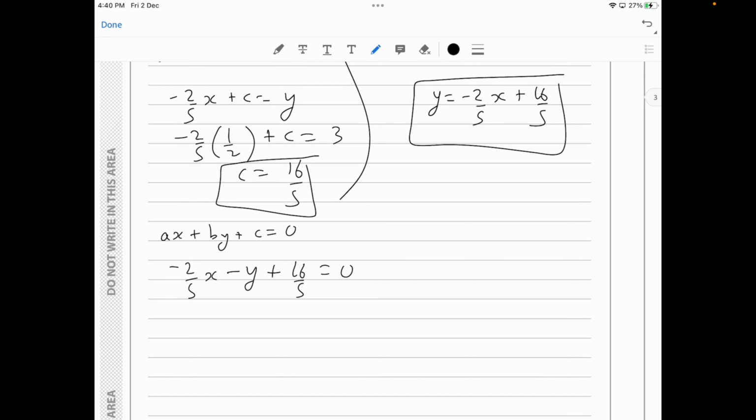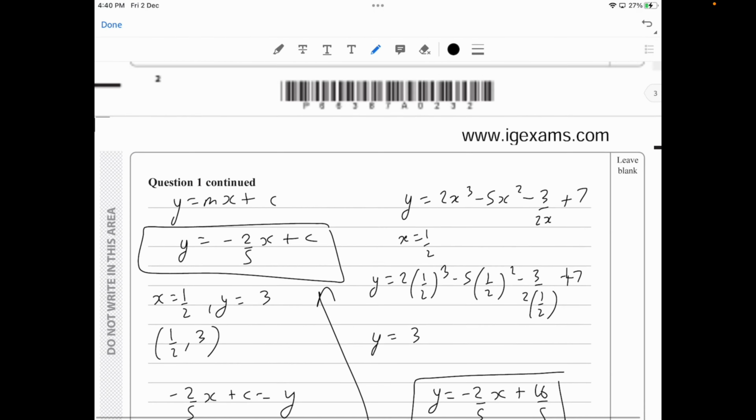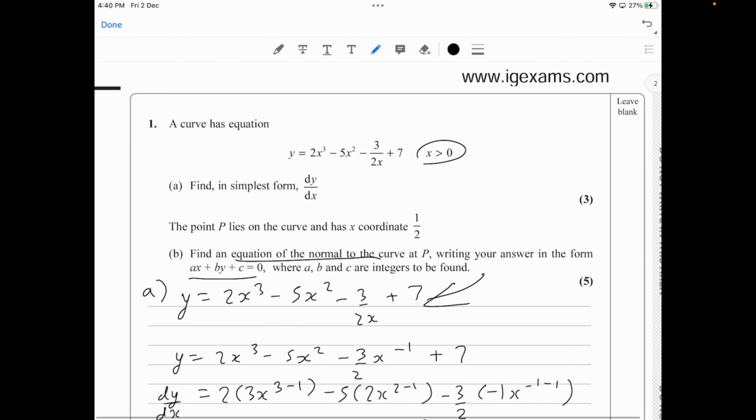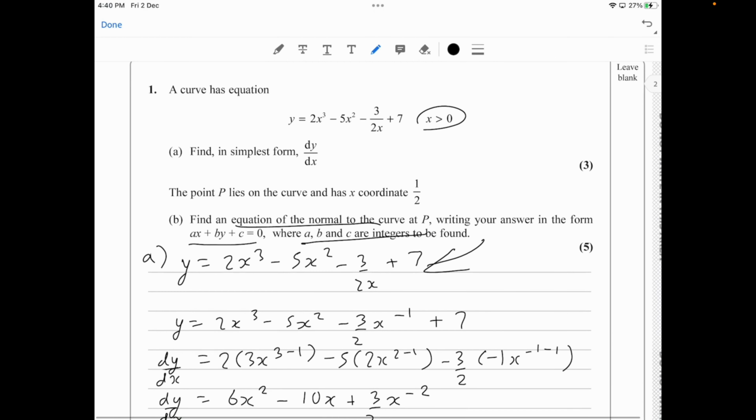Now, we cannot leave it as it is, because we have to multiply this whole equation by 5. The reason why is that we have to make this where a, b, and c are integers to be found. So that's why we're multiplying by 5.